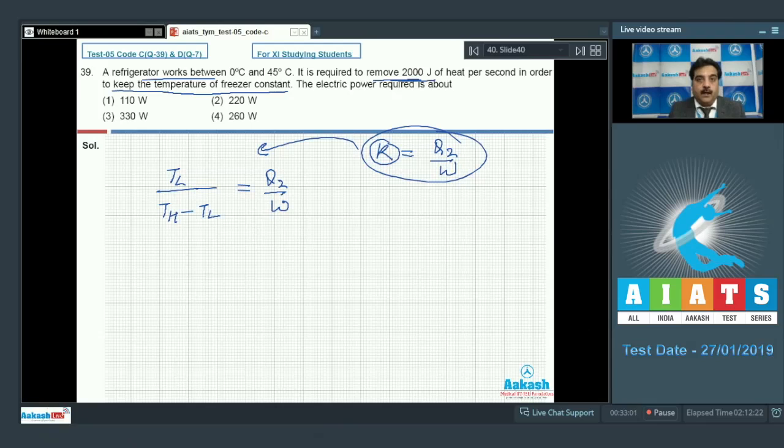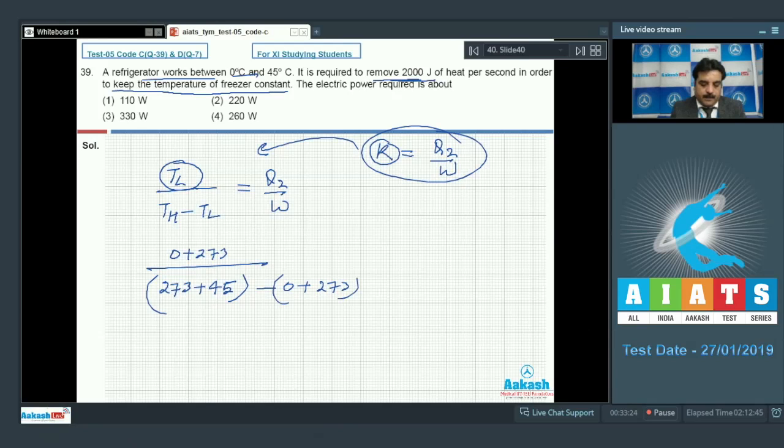You may have one doubt: how will you decide Q2? So we'll see. First I am going to write the value of lower temperature, that is 0, so you will write 0 plus 273 in terms of absolute. Higher temperature, 273 plus 45, minus lower temperature 0 plus 273, and on the other side Q2. The question gives how much it removes; the removed part is Q2, and you can understand 2000.